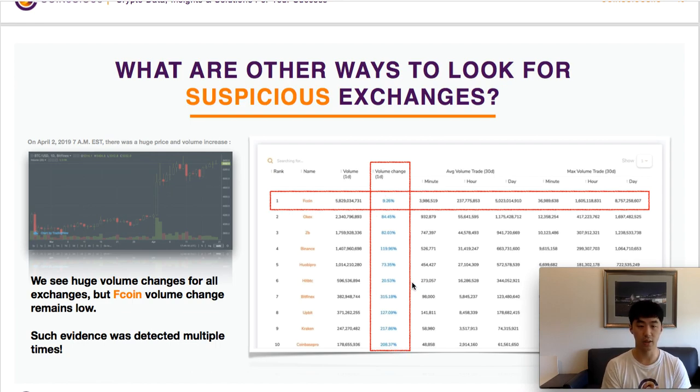You can see there's a huge volume change for all exchanges, more than 70% or higher at that time, except for Fcoin, where the volume change remains low at 10%. This type of evidence was detected multiple times, and it's not the first time, just by observing our dashboard.